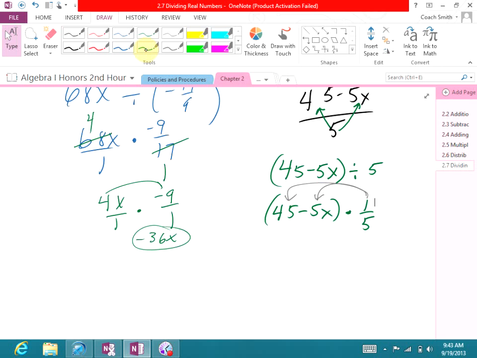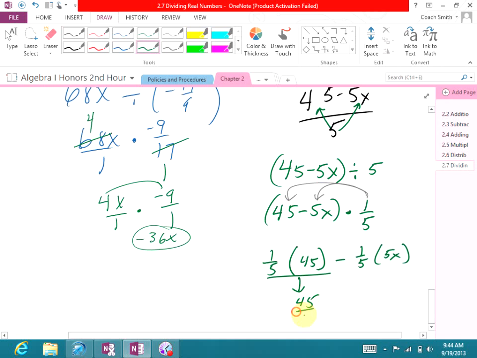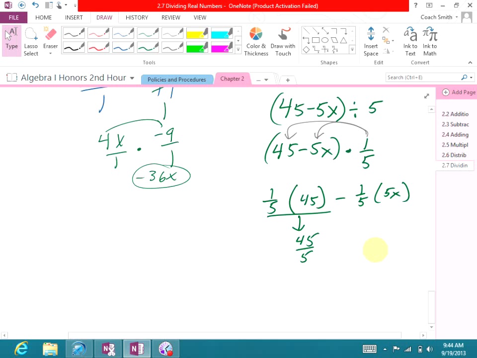That gives me 1/5 times 45 minus 1/5 times 5x. Well, what is 1/5 times 45? 1/5 times 45 is just 45 over 5, which is 9.